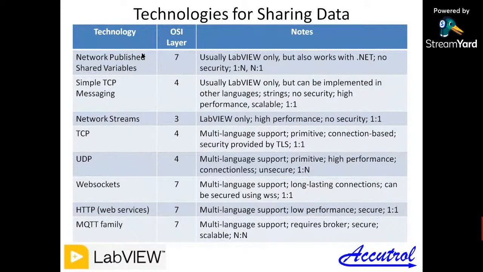So that's the layer at which it was implemented, and that can be a guide to judging throughput, for instance. Basically, the higher the level is a higher level of abstraction, which means that you actually usually can do more with it, so to speak.